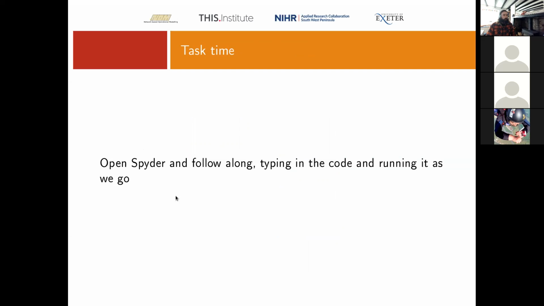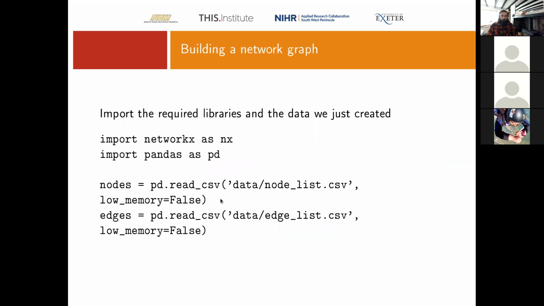You will need to move your node list and edge list CSVs that you created in the last task into the data file that we've been using in your working directory.